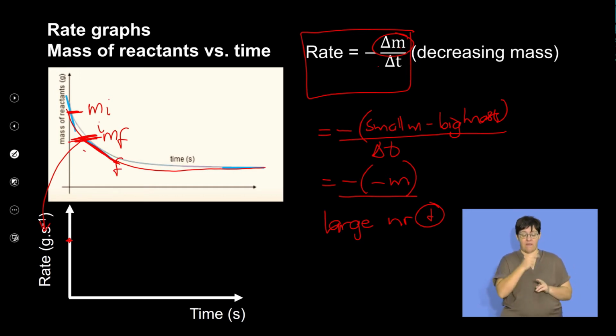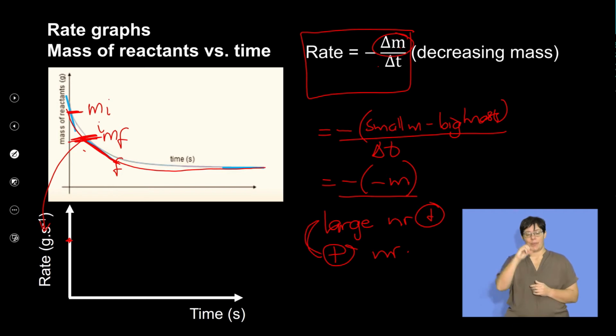Because the final mass is smaller, again we will get a positive number, but the positive number will be a little bit smaller than the first number. So if we do that over time, we will have a plotting point more or less there.